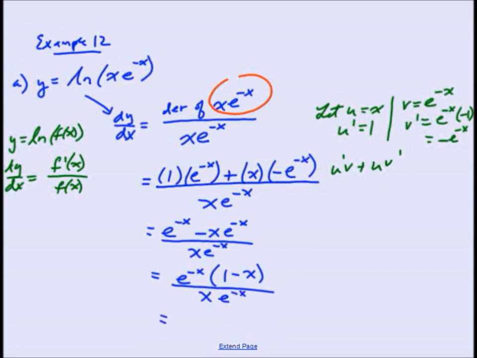E to the negative x divided by e to the negative x equals 1. So 1 over x, 1 subtract x over x. Okay, another way of writing this, if you wish, is 1 over x minus x over x, better written as 1 over x subtract 1. Okay, this is correct as well, though. This is fine.